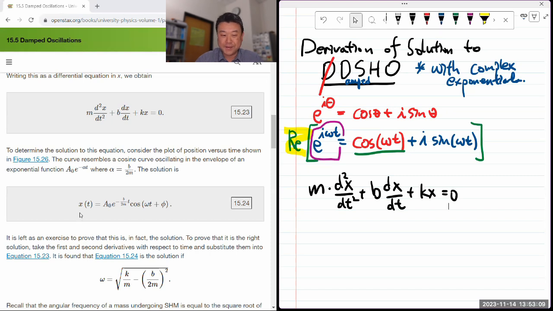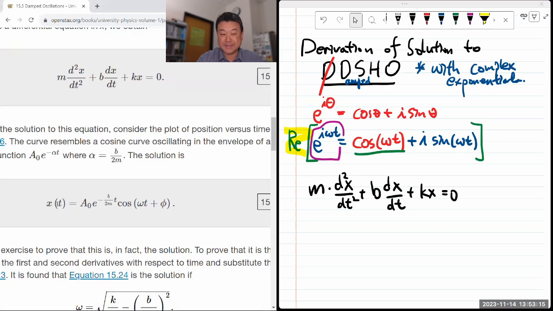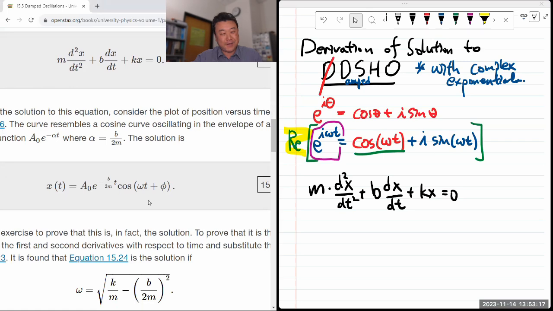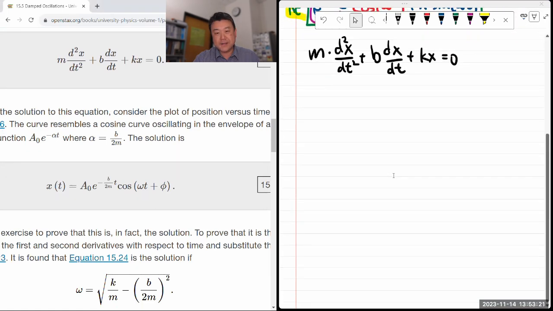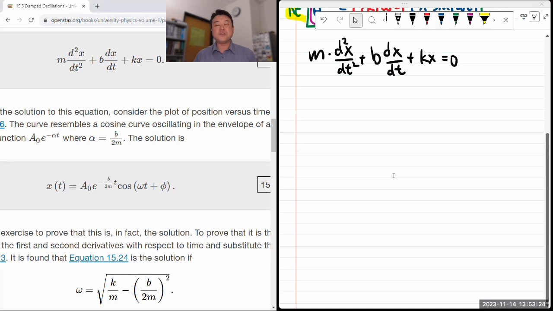When you look at the real solution here, it looks complicated enough that I would never guess it as the solution, or it would be really complicated to guess that. So let me start from here and give you the physicist's guess to any linear differential equation, or maybe even nonlinear.